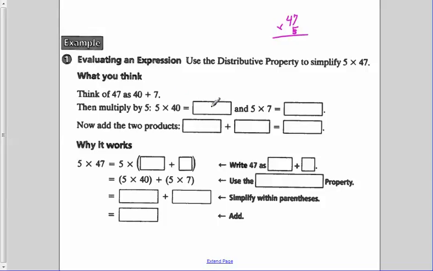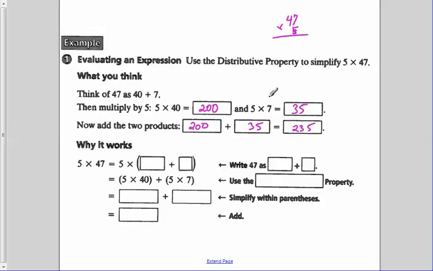So I can write that using a distributive property by saying 5 times 40, and that would be 200. And 5 times 7 is 35. And so when I add those two products together, 200 plus 35, I get 235.